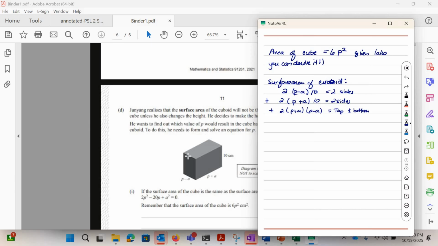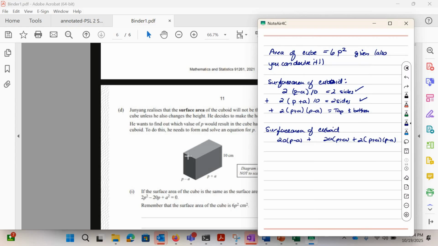And so the total surface area of the cuboid is going to be this ugly mess, which is 20 times P minus A, that's this part, plus 20 times P plus A, that's this part, plus 2 times P plus A times P minus A.